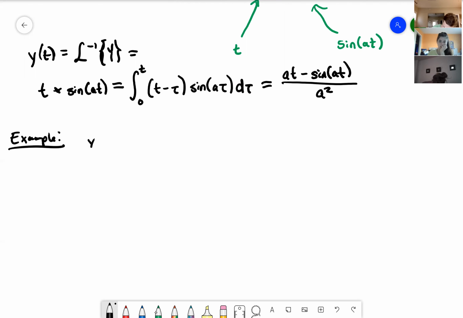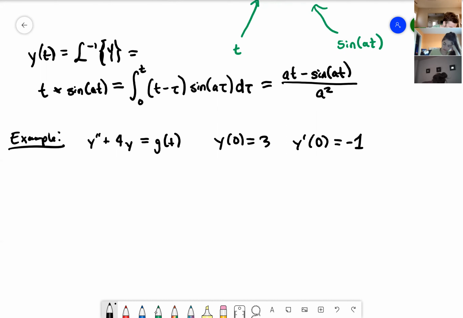Let's try y double prime plus 4y equals g of t, with y of 0 equal to 3 and y prime of 0 equal to negative 1. Now we go through the Laplace transform. What we end up with is s squared capital Y minus 3s plus 1 plus 4Y equal to capital G of s.